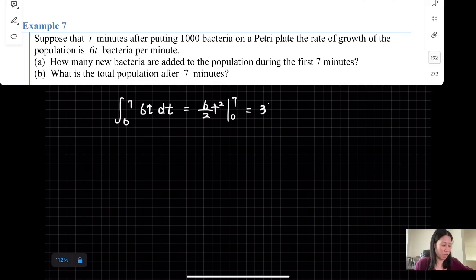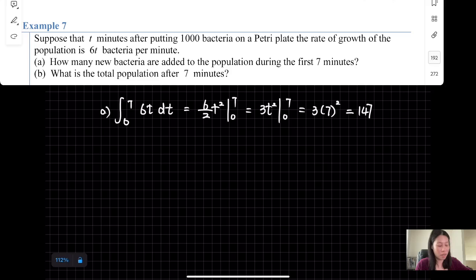When we simplify, I have 3t squared from 0 to 7, which is 3 times 7 squared. So that is 147. When you subtract, everything multiplied by 0 equals 0, so we don't need to worry about the 0 in here. So that's how many new bacteria are added after 7 minutes.